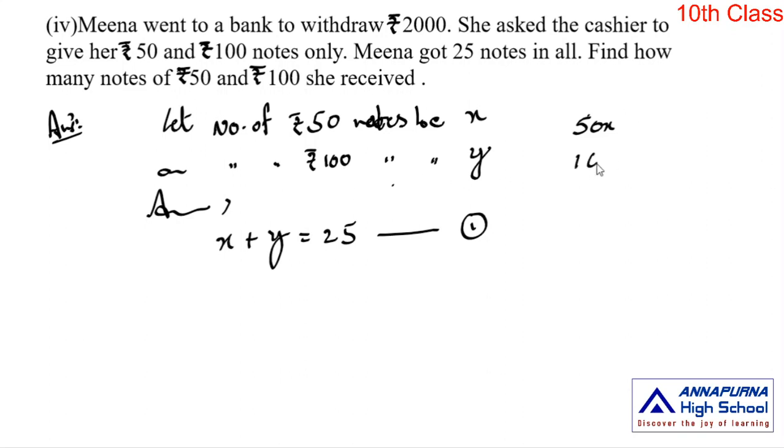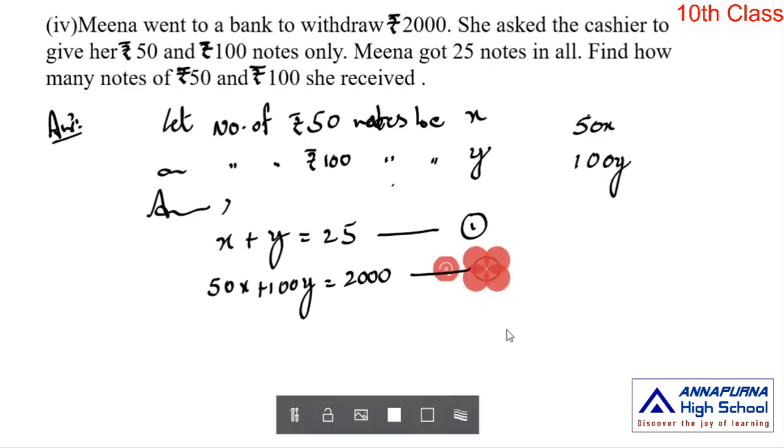It is equal to 100y rupees. So total amount she received from the bank is 2000 rupees. So what is the total amount she received? It is equal to 50x plus 100y, which is equal to 2000. This is the second equation. Do you understand the second one?